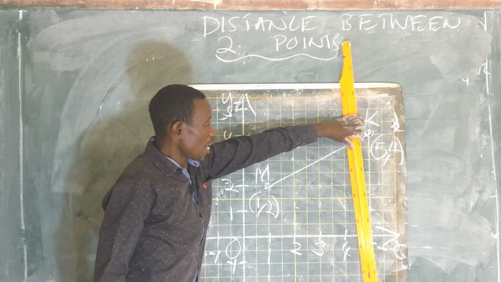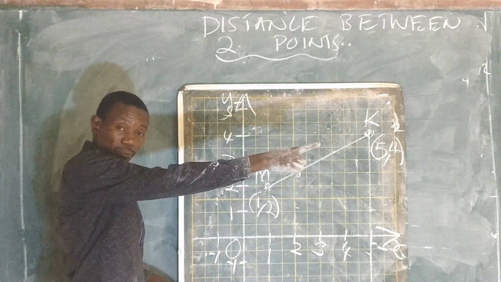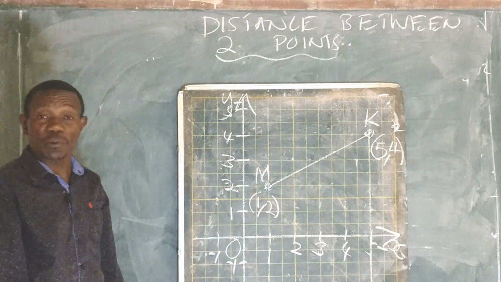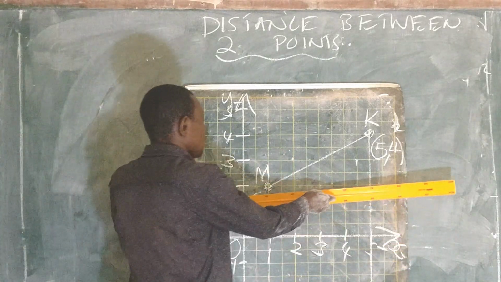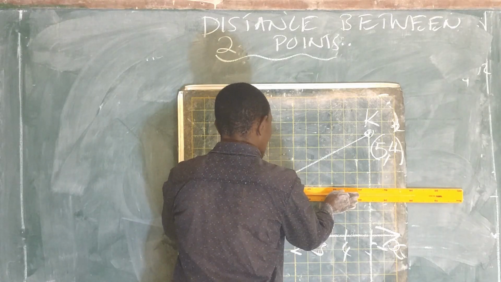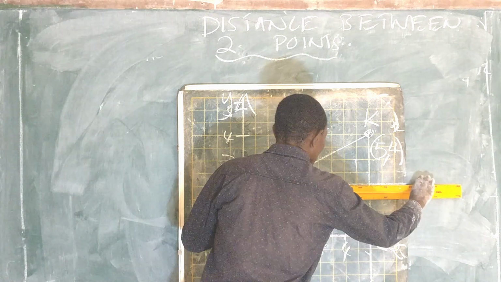And another line can start from M going this way, and this line from M has to intersect the line from K. So the line going from M in that direction will go like this.